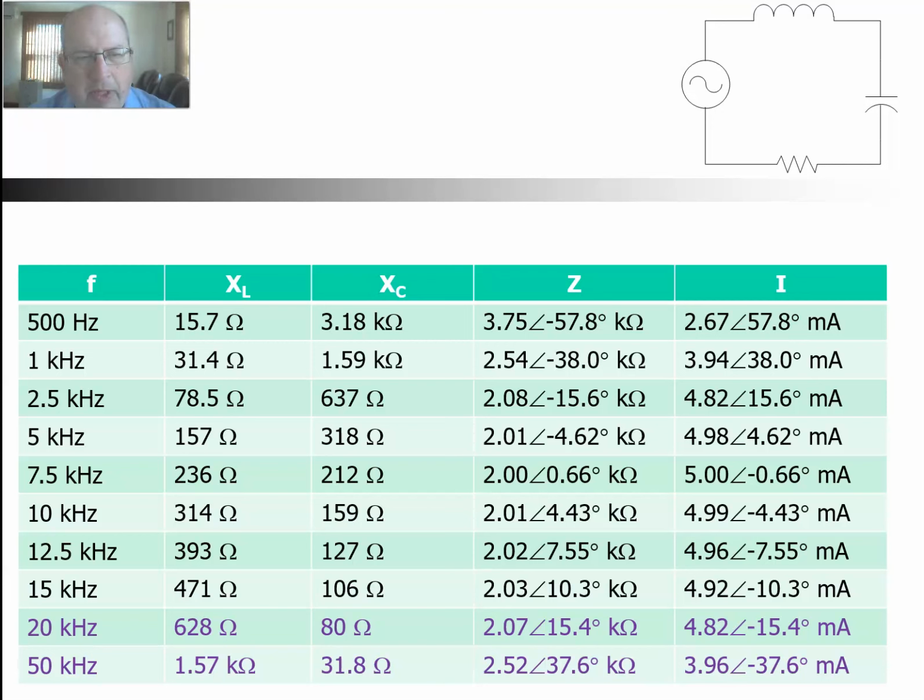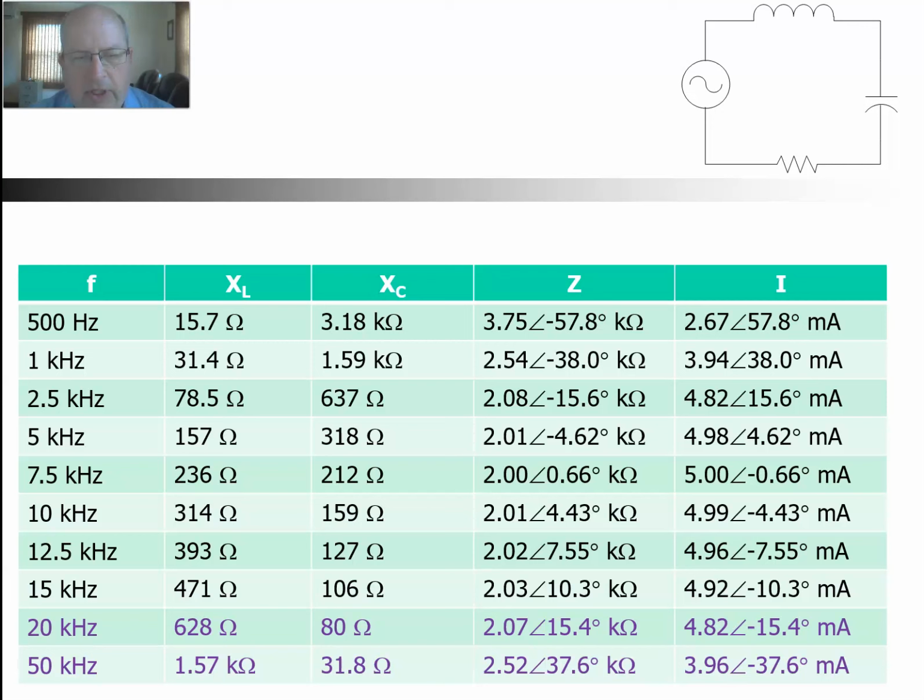What's happening with X of L? As we increase the frequency, the values of X of L are getting larger and larger. On the other hand, X of C starts out large, and as we increase the frequency, X of C gets smaller and smaller. Notice that at some point those two values are going to intersect. In other words, they're going to be the same value.